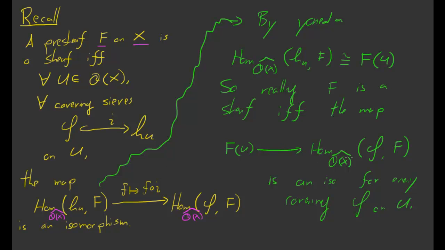Okay, so that's the first thing we should note. And now the second thing we should note is that we can collate all of this data into a single condition. In order to apply this definition to check whether F is a sheaf, we have a lot of individual conditions, right? For every covering sieve S, we have this condition that this map is an isomorphism.